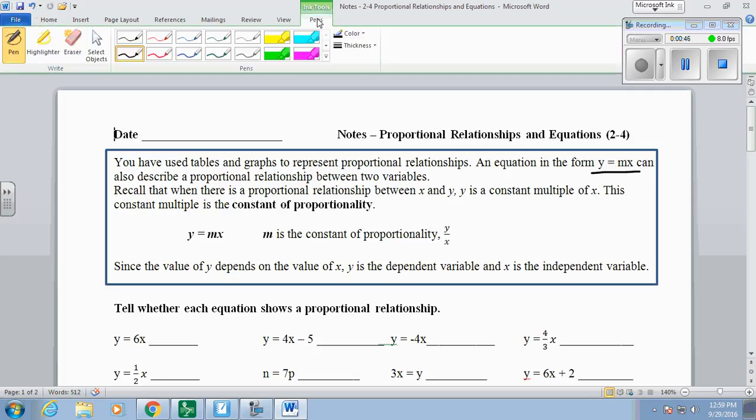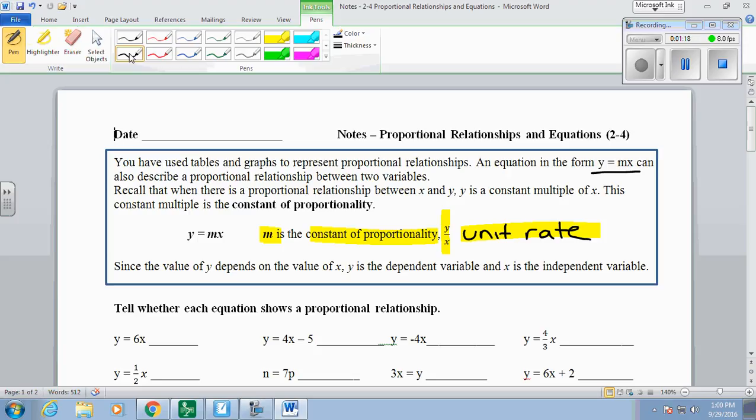But then they're saying m is the constant of proportionality, which is also our y divided by x, which we also talked about yesterday is a unit rate. So now we actually have 4 descriptions describing the same exact relationship, but using totally different explanations. M is the same thing as the constant of proportionality, which is the same thing as y divided by x, which is our unit rate.